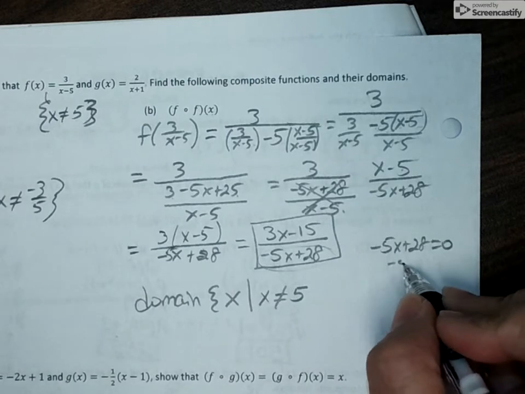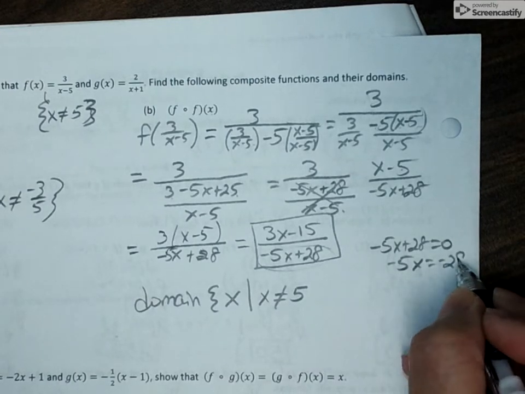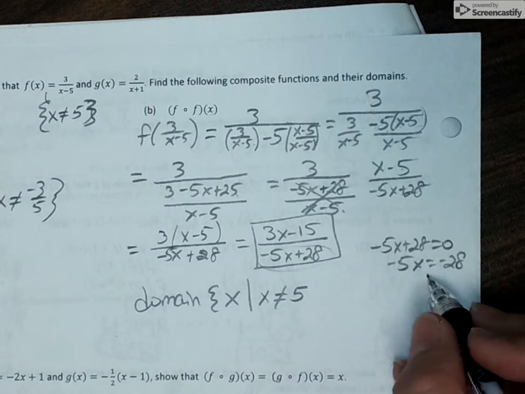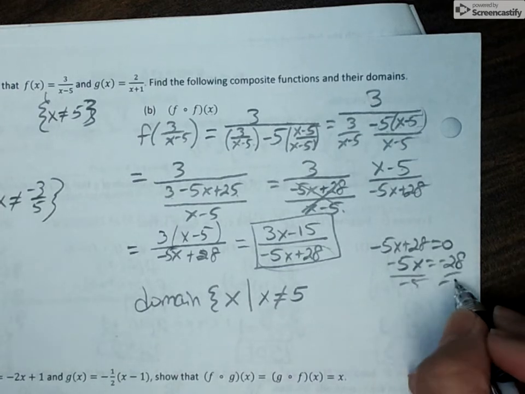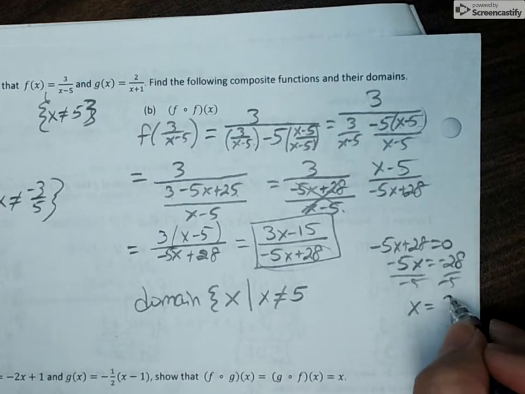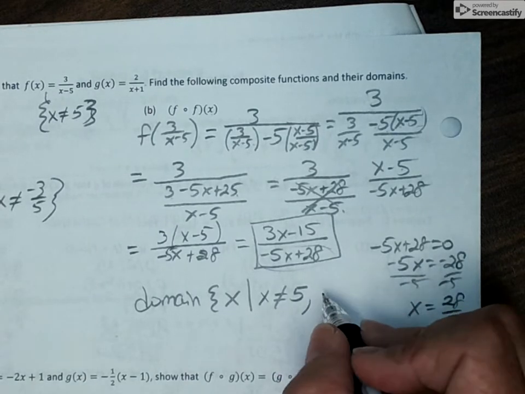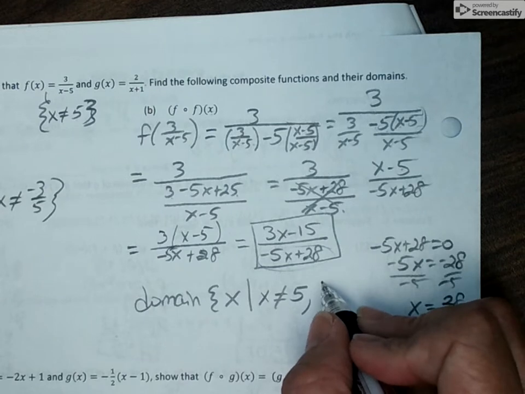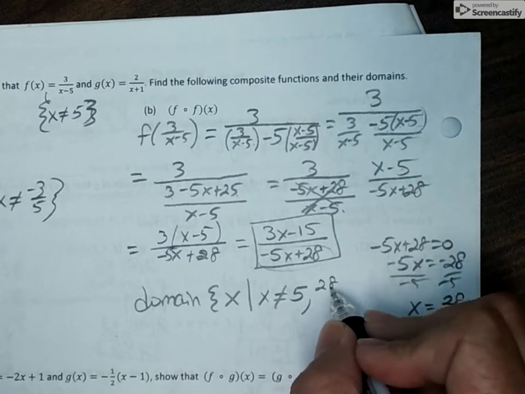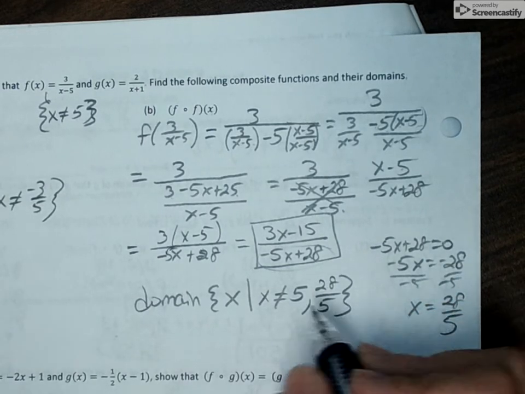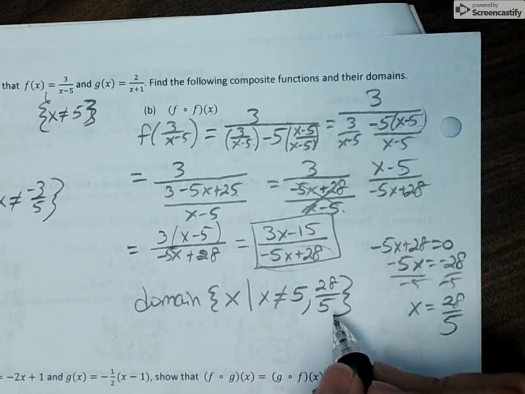So subtract 28, and we get negative 5x equals negative 28, divide by negative 5, and I get x equals 28 over 5. So again, that's a value I cannot have. So it cannot equal positive 5, or it cannot equal 28 over 5. Those are the two values that I cannot have in the domain. Every other number is good.